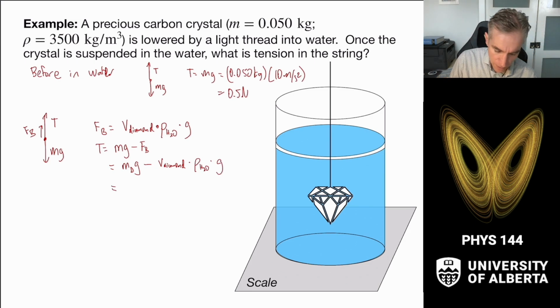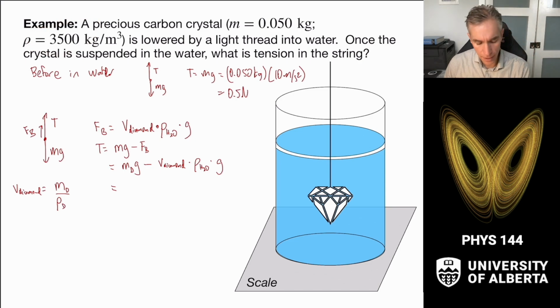Then we can plug in the volume of the diamond, which is equal to the mass of the diamond over the density of diamond, which is actually given up there. So rho sub D is the mass density of diamond.